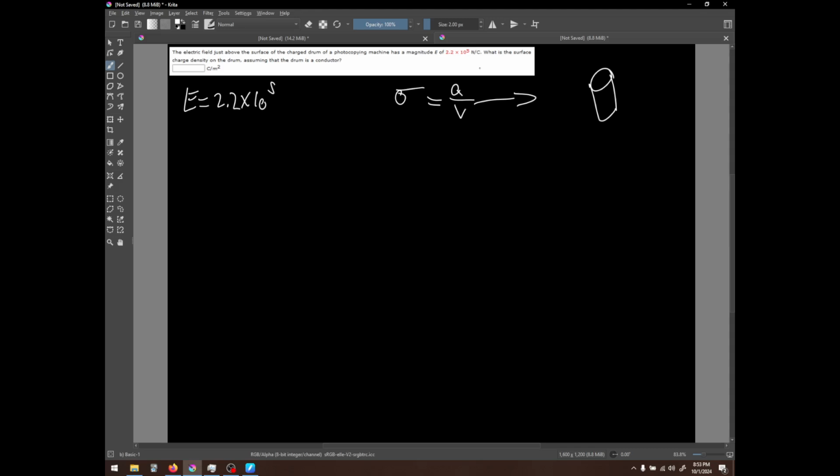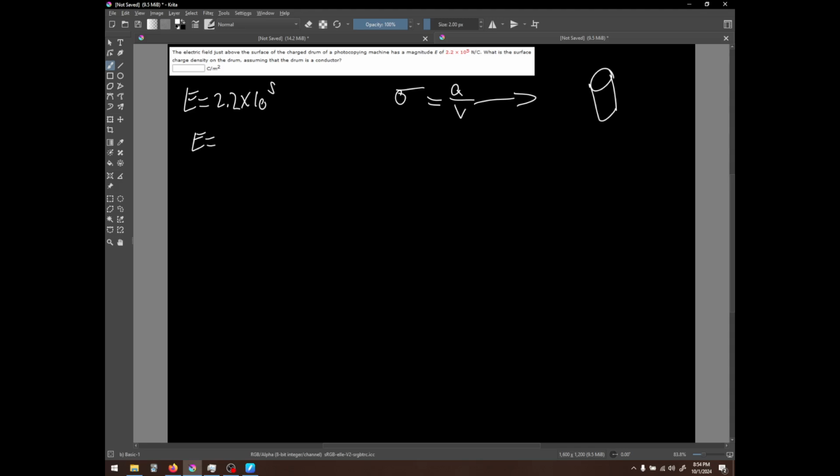Well, E equals what? We don't know R, so we can't use KQ over R squared.